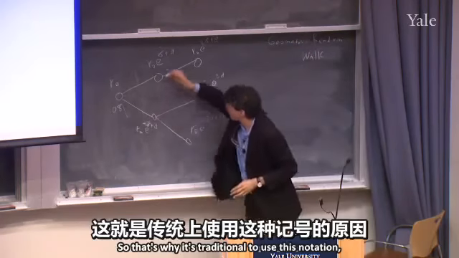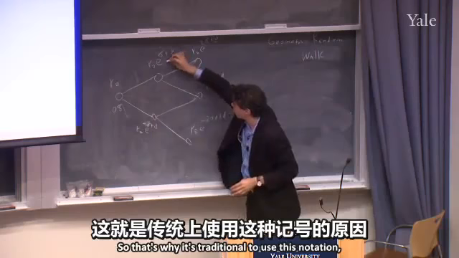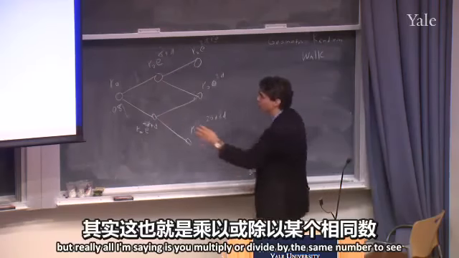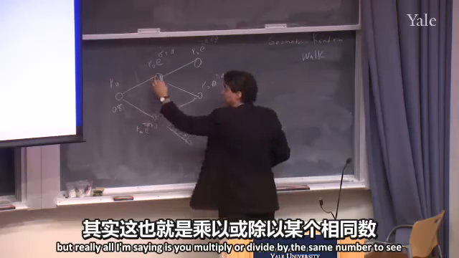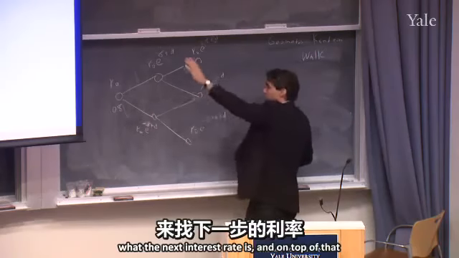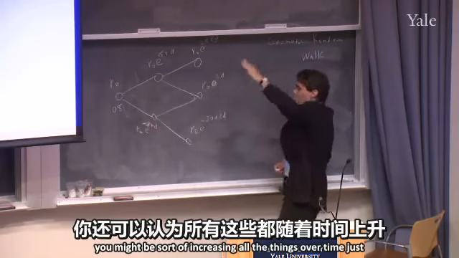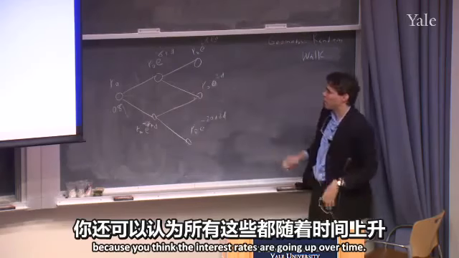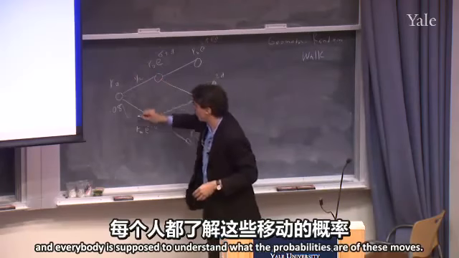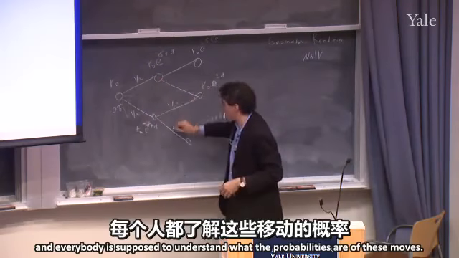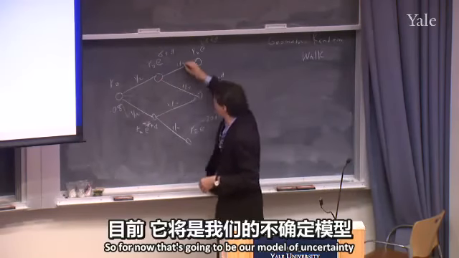So that's why we use this. It's traditional to use this notation, but really all I'm saying is you multiply or divide by the same number to see what the next interest rate is, and on top of that you might be increasing all the things over time just because you think the interest rates are going up over time. So that's how we're modeling uncertainty, and everybody's supposed to understand what the probabilities are of these moves.